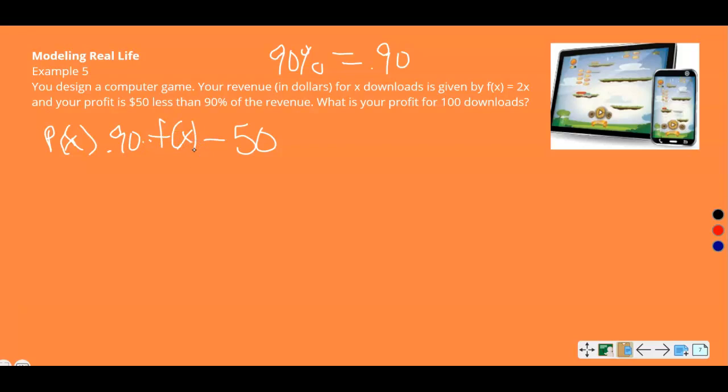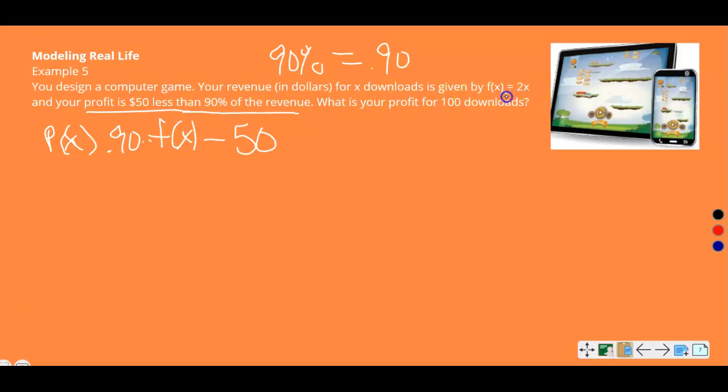And then the $50, I've already put that there: $50 less than 90% of the revenue. So this is $50 less than 90% times the revenue.